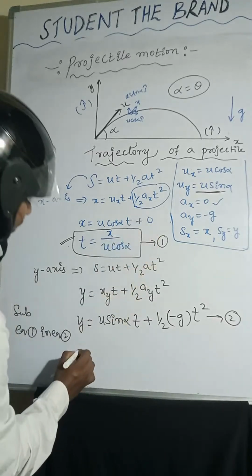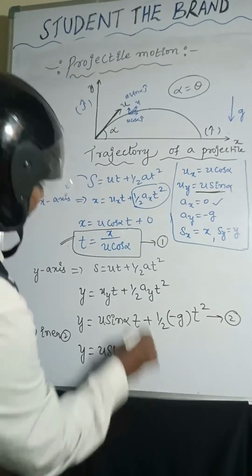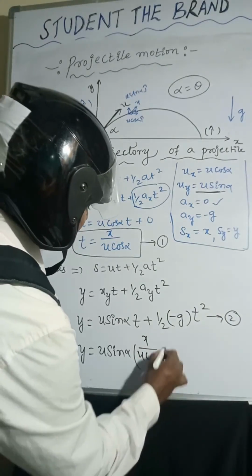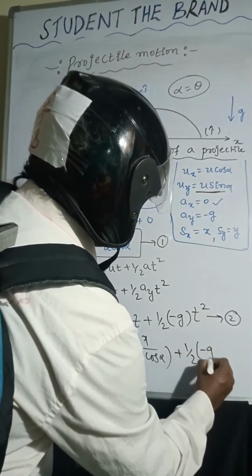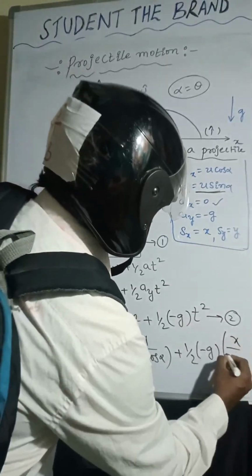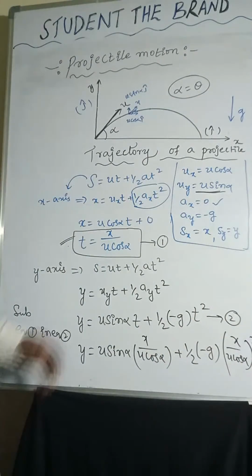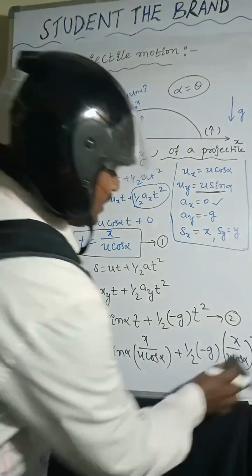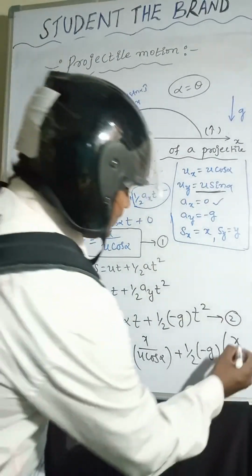Then y equal to u sin alpha into x by u cos alpha, plus half into minus g into t square. T square is nothing but x by u cos alpha, whole square. Very, very important.